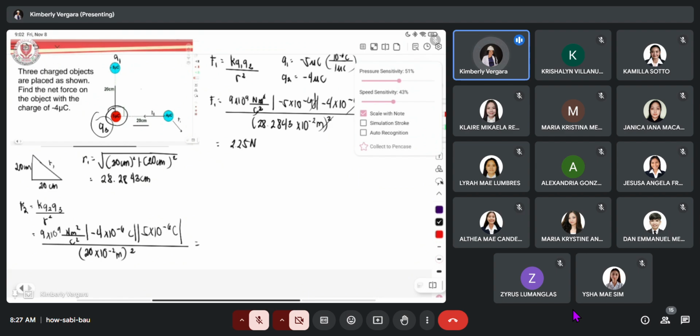So 4.5 Newton. Okay. Next, we must get the net force.